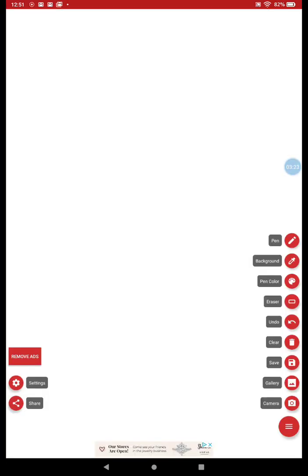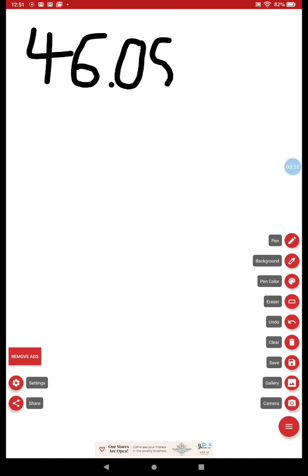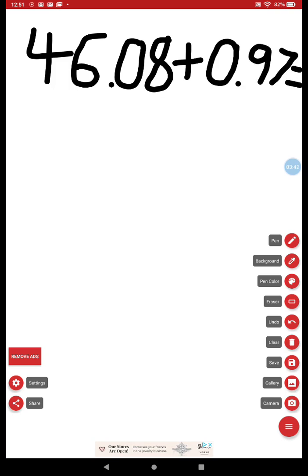All right, guys, now let's look at that with a decimal, okay? You got the whole number, 46 and 800ths, added to the decimal, 0 and 97 hundredths. All right, now I need to rewrite this. You're going to see on your worksheet where it's written like this, side by side, but you got to rewrite it.